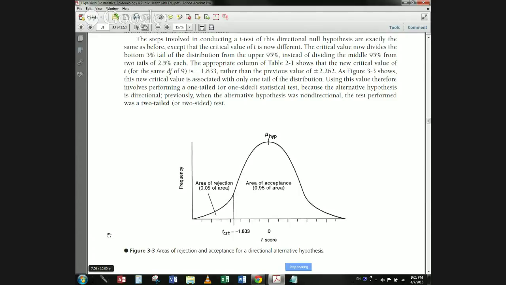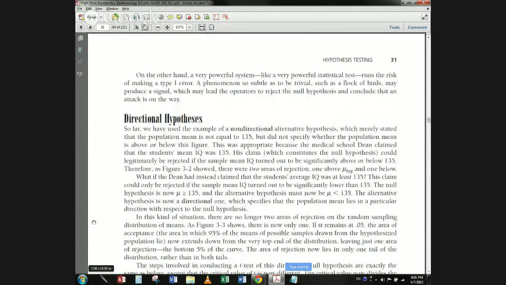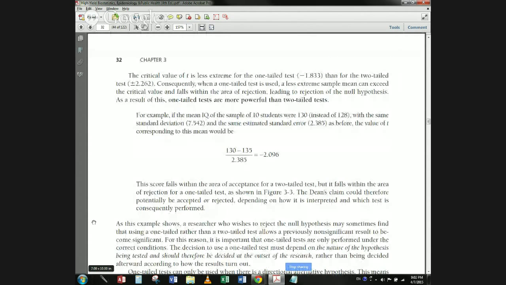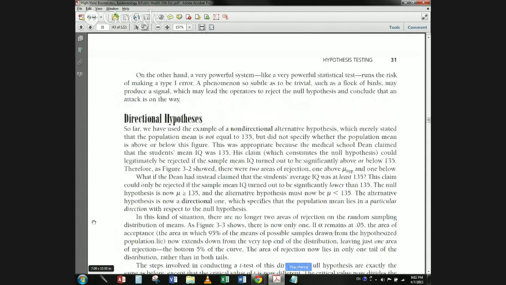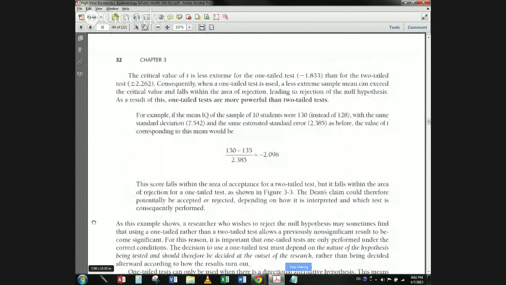Using this value, therefore, involves performing a one-tailed or one-sided statistical test, because the alternative hypothesis is directional. Previously, when the alternative hypothesis was non-directional, the test performed was a two-tailed or two-sided test. The critical value of t is less extreme for the one-tailed test than for the two-tailed test.